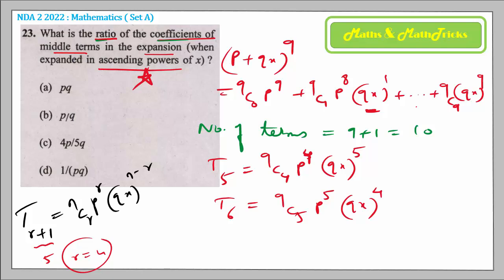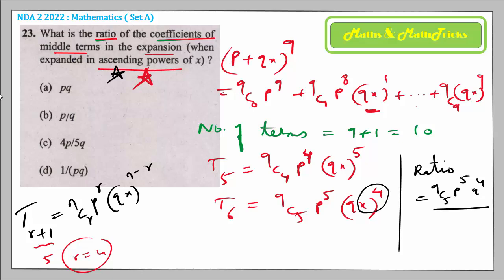Are you getting it? Now you have to take the ratio such that you are considering ascending powers of x. So the required ratio will be the ratio of the coefficients of x. What is the coefficient of x^4? It will be 9C5 p^5 q^4, divided by the coefficient of x^5, which is 9C4 p^4 q^5.